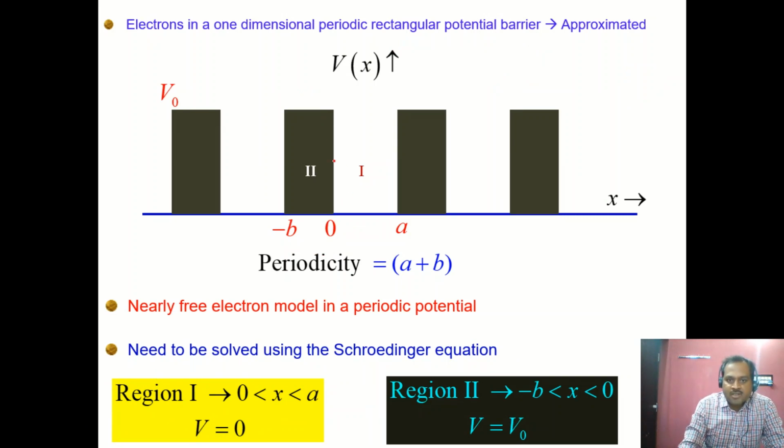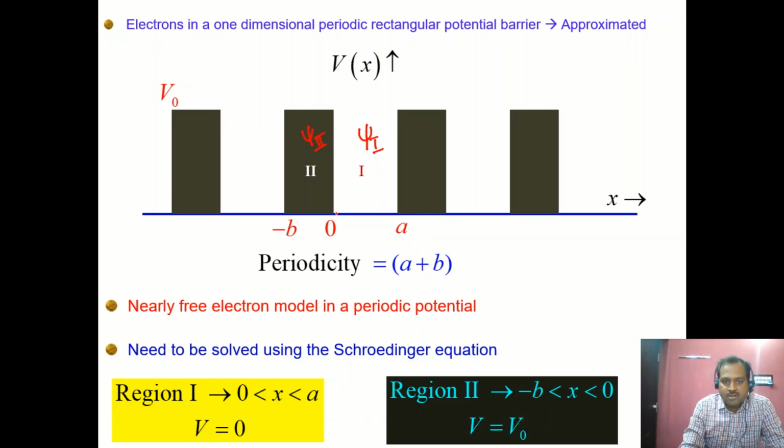So the wave function, this is psi 1 and this is psi 2, and at this boundary, that is x equal to 0, the wave function must be continuous. That is one of the basic properties of a function to be qualified as a wave function. So psi 1 must be equal to psi 2 at x equal to 0.